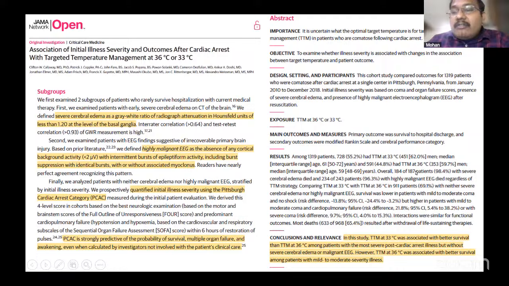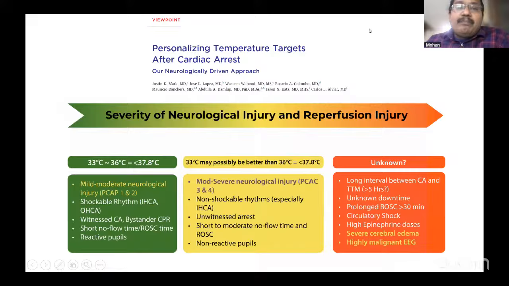What they found is that TTM at 33 degrees centigrade was associated with better survival than TTM at 36 degrees centigrade among patients with the most severe post-cardiac arrest illness, but without severe cerebral edema or malignant EEG. So this study says that if the illness severity is high, hypothermia is beneficial.